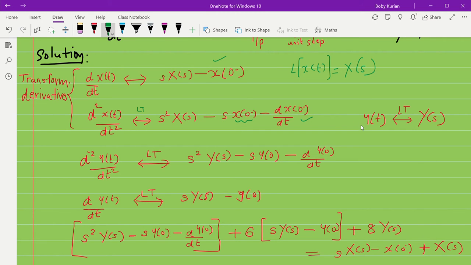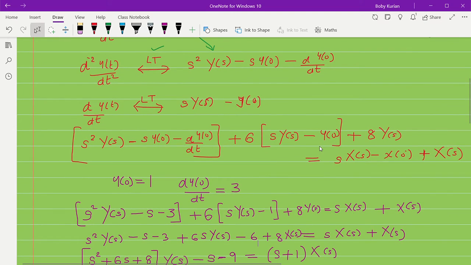Here in this case, y of t is given, so the Laplace transform of y of t equal to Y of s. In the same way, d square y of t by dt square, its Laplace transform will be equal to s square Y of s minus s into y of 0 minus d by dt of y of 0, where y of 0 is the initial condition.